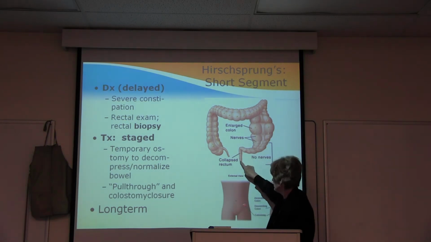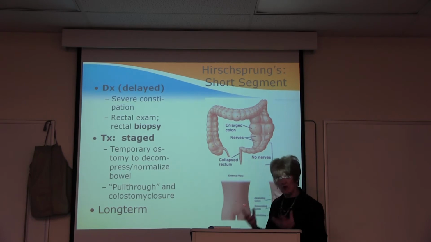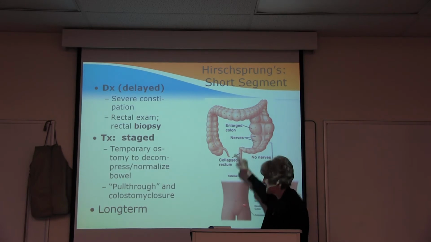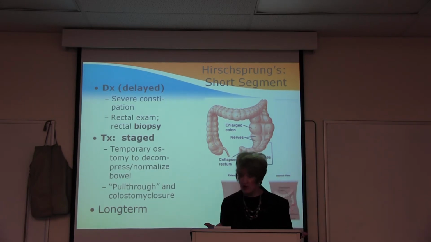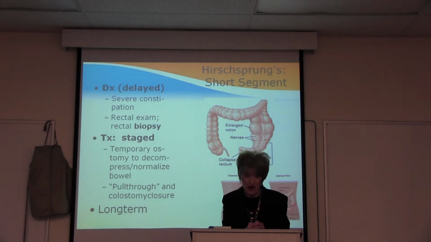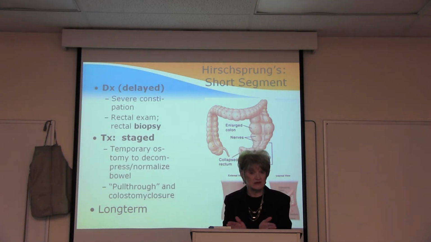Here, we've already said the internal sphincter doesn't open, so you have more resistance to stool elimination. Add to that the fact that at least part of the rectum is always involved. That means the rectum does not contract to push stool through the anal canal. And sometimes part of the sigmoid is involved.